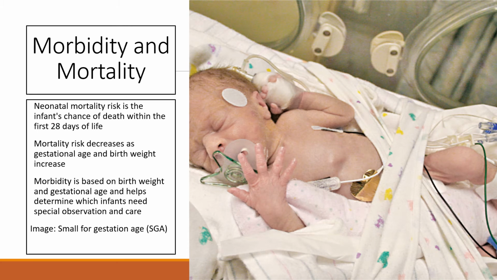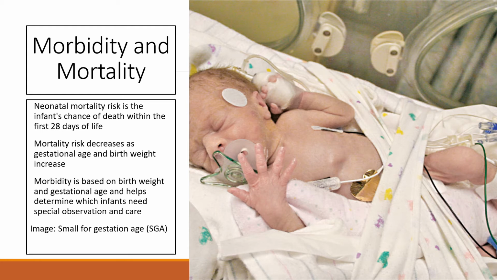So morbidity and mortality is the infant's chance of death within the first 28 days of life. So that first 28 days is very critical, and the risk decreases as the gestational age and birth weight increases.